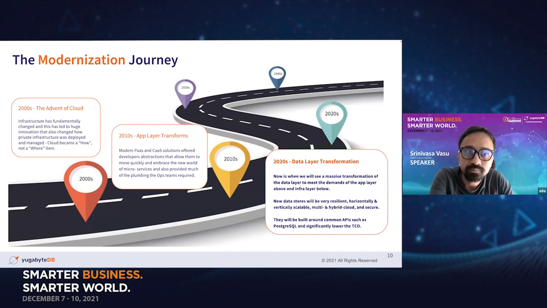So obviously, the data layer needs to be transformed. This is what we are seeing right now. The data layer is the one that's sitting in between our infrastructure and the application layer, which are both kind of cloud native, right? So the infra is something that you can provision on demand thanks to all the automation software out there, the likes of Terraform, Ansible, and other things.